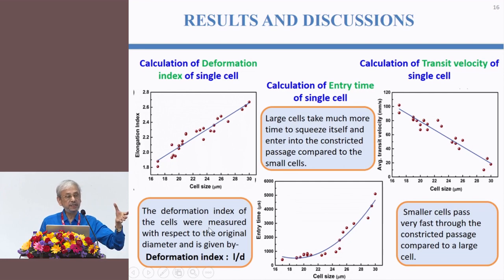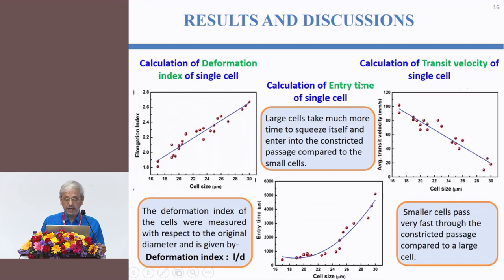Deformation index is basically, while passing through the passage, the deformation is in one direction, its length is increasing. So deformation index is given by L by D, and we used a collection of cells. So basically you can see with cell size, the elongation index varies.